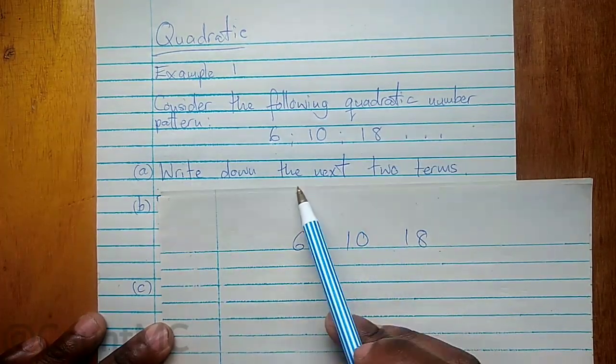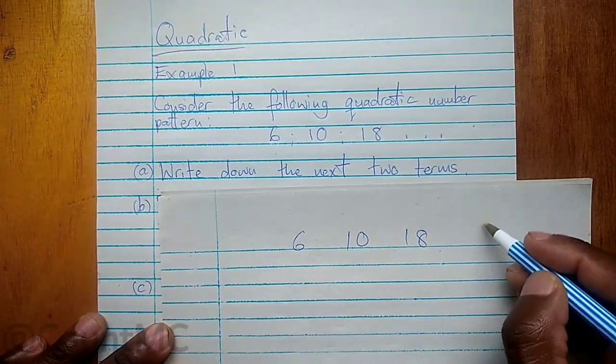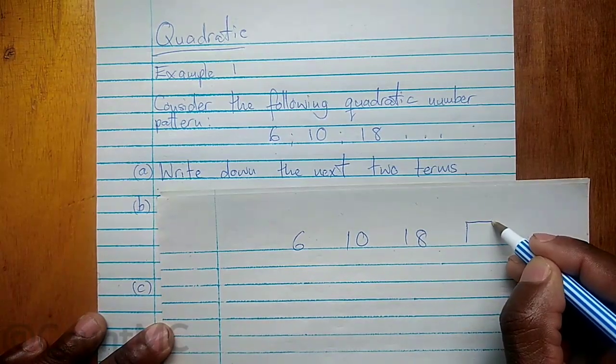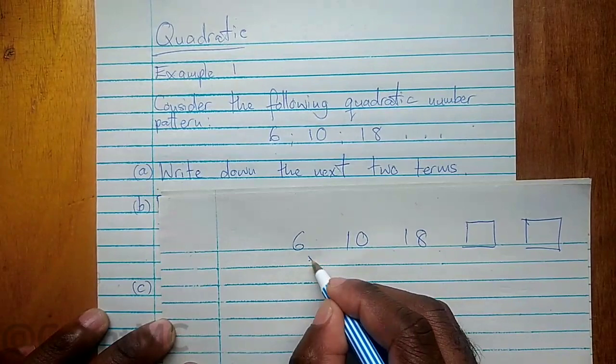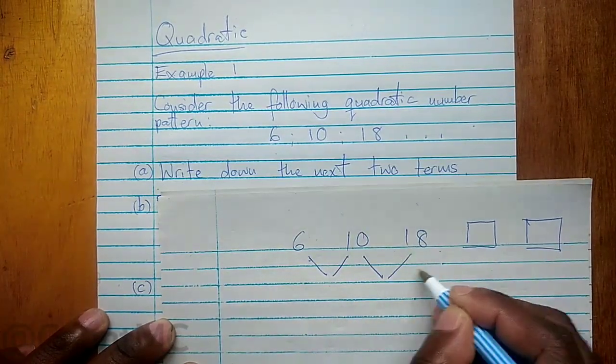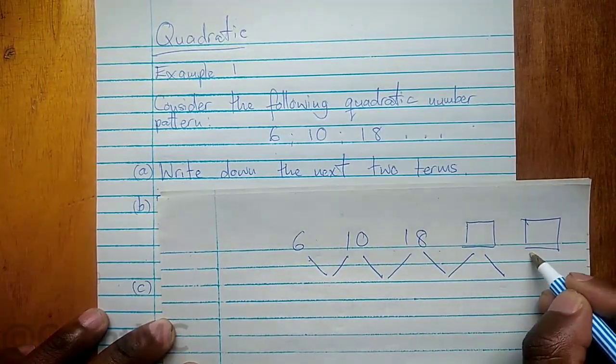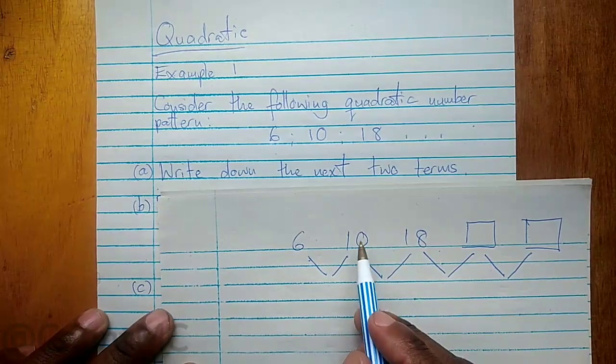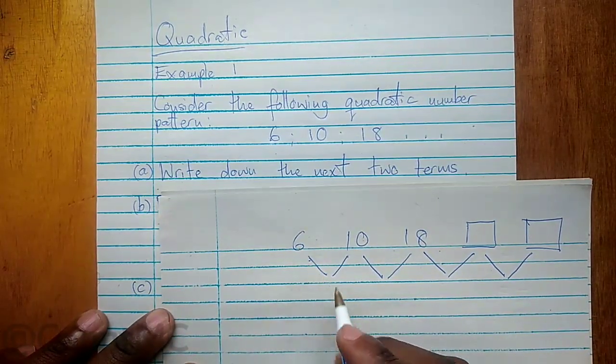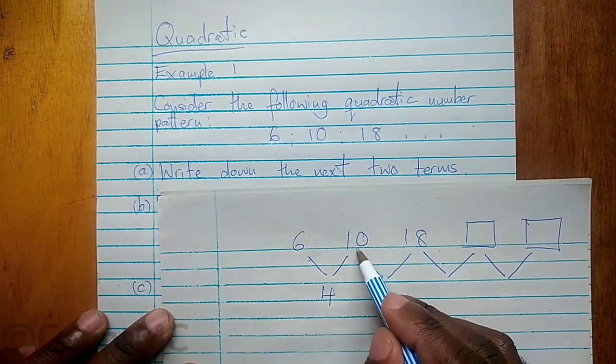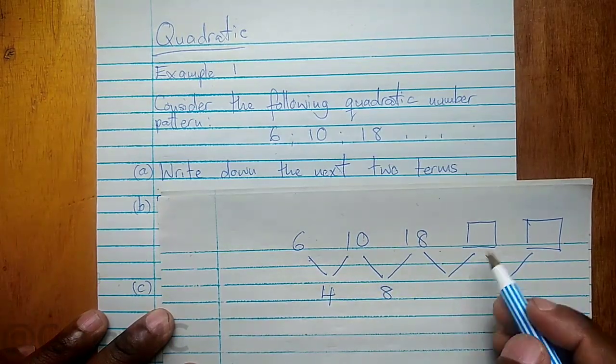Write down the next two terms. So always find the common difference first. 10 minus 6, we get a 4. 18 minus 10, that's an 8.